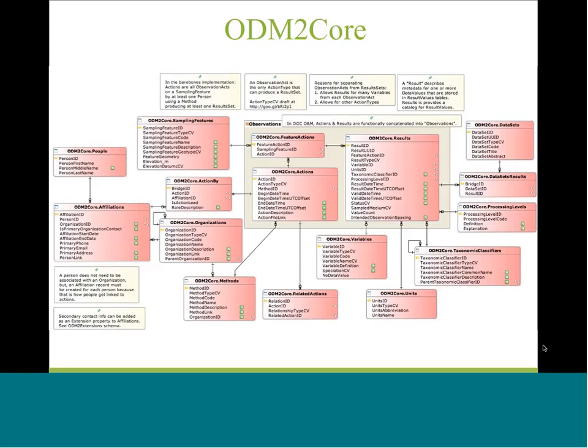Secondly, I don't think this is the appropriate venue to really get into details about why a certain field belongs here versus there. We have created a GitHub site where we're actively developing very detailed documentation about each of these tables, each of these fields. And if you're interested after this talk, go check that out. We will almost certainly have a much more detailed discussion down the road about ODM2, but today's not the day for that.